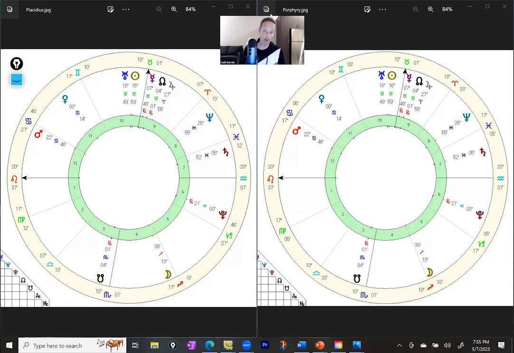Since this isn't a person, this is just casting a chart for a certain time here in Portland, Oregon. If this was an individual looking at their own chart, feel into it. Placidus, Porphyry, do you feel like your moon is in the fifth house where there's creativity, fun, joy, involvement with children, in a Sagittarius kind of way?